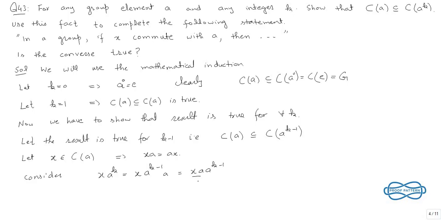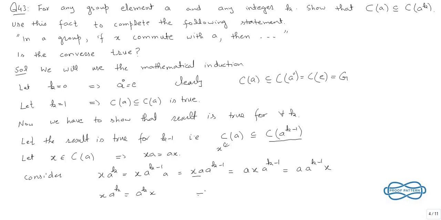Because x commutes with a, this will be a x a to the power k minus 1. And since x belongs to the centralizer of a, which is a subset of the centralizer of a to the power k minus 1, x also commutes with a to the power k minus 1, and we will have a times a to the power k minus 1 times x, which is equal to a to the power k x.